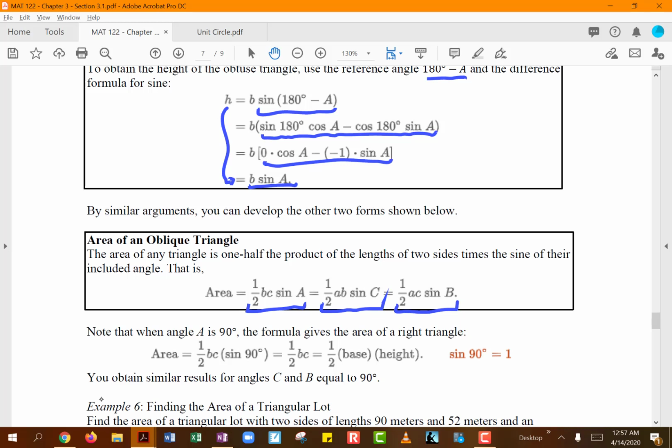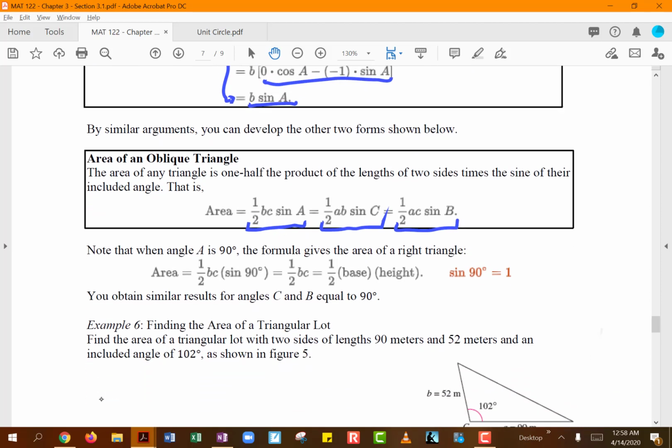If I'm using angle A, I'm using sides B and C. If I'm using angle C, it's sides A and B. If I'm using angle B, it's sides A and C. So that's kind of how the area formulas for the oblique triangles work out.